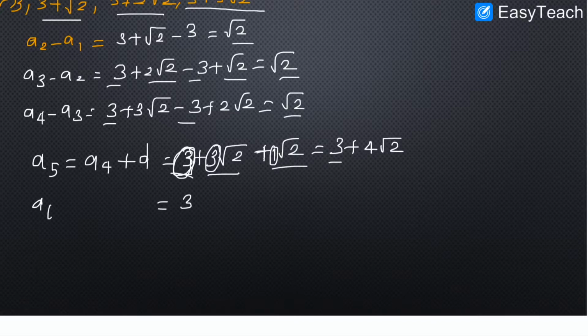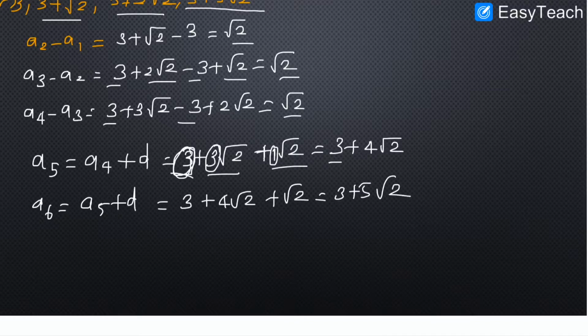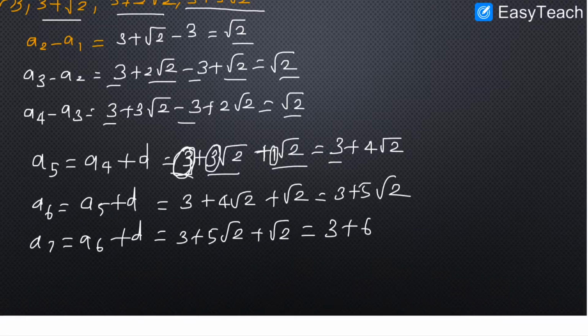Next term A6 is A5 plus D, where A5 is 3 plus 4 root 2 plus root 2, which is 3 plus 5 root 2. Same for A7, A6 plus D, which is 3 plus 5 root 2 plus root 2, 3 plus 6 root 2.